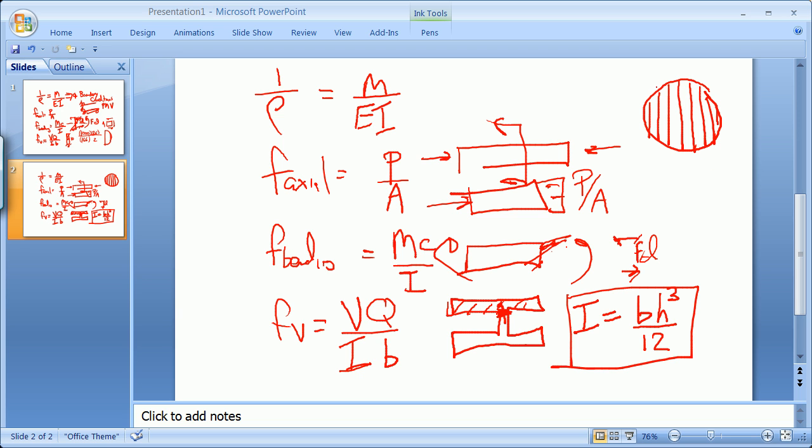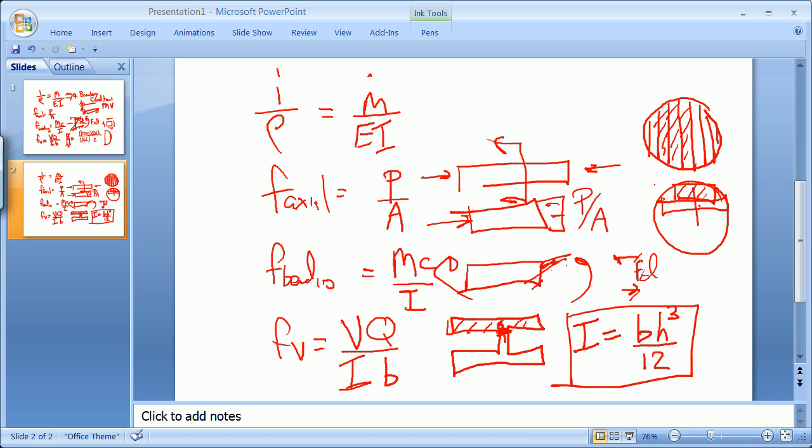In other words, you take the BH cubed over 12 for that one, the BH cubed over 12 for that one, and the whole thing. Or another way to go about doing this we'll see is the idea of taking that area times this distance squared plus this area times this distance squared. So there's a couple different ways to get your moments of inertia on shapes.